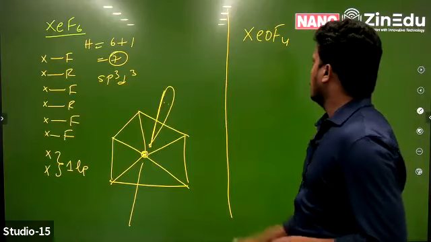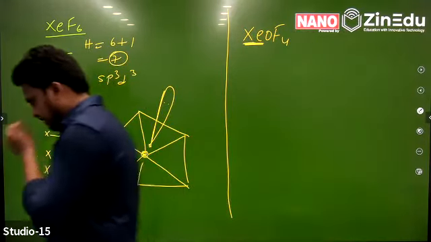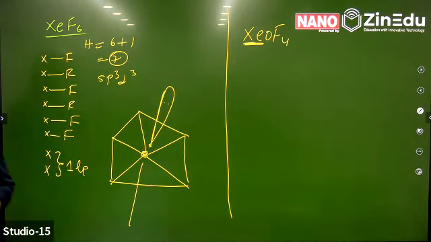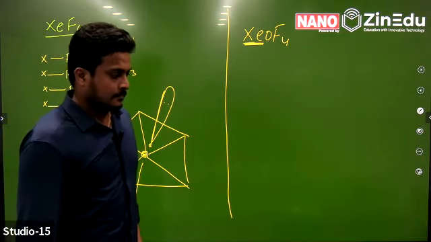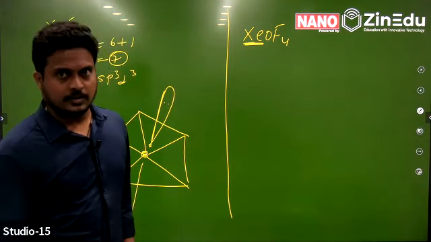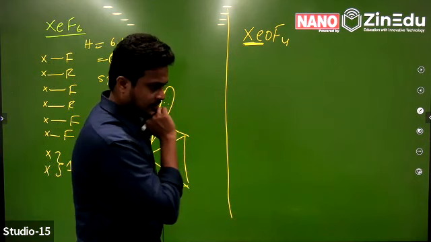Next one, XeOF4, xenon oxyfluoride. Tell me the shape of XeOF4. It also has one lone pair. Oxygen forms a double bond.